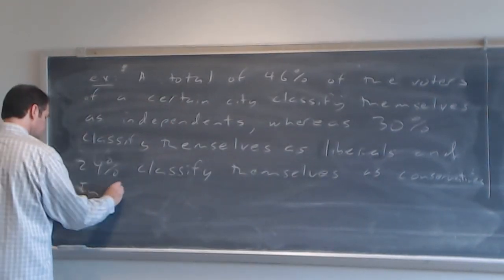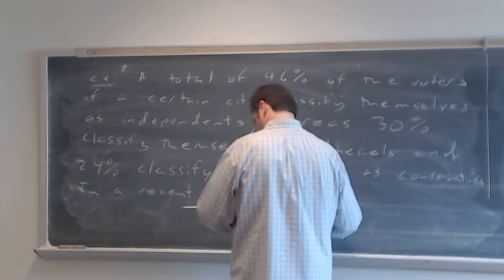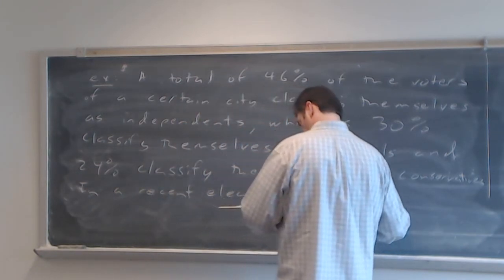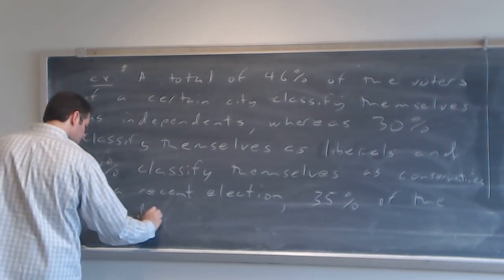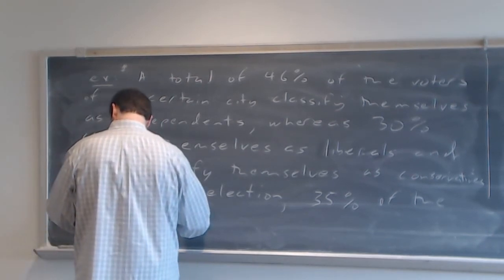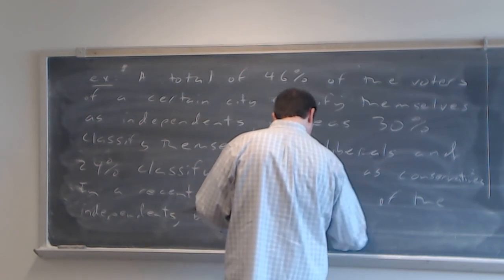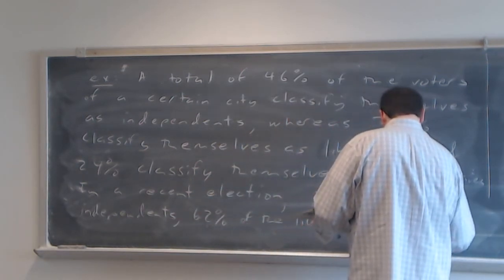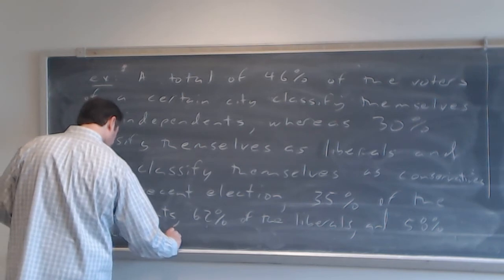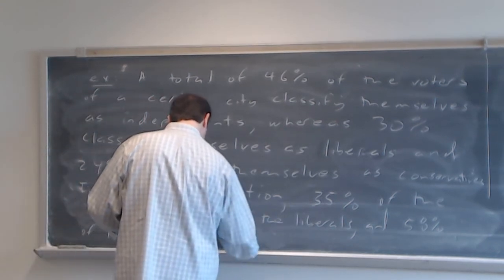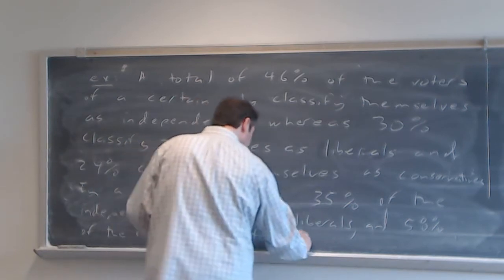In a recent election, 35% of the independents, 62% of the liberals, and 58% of the conservatives voted. Okay? A voter is chosen at random.